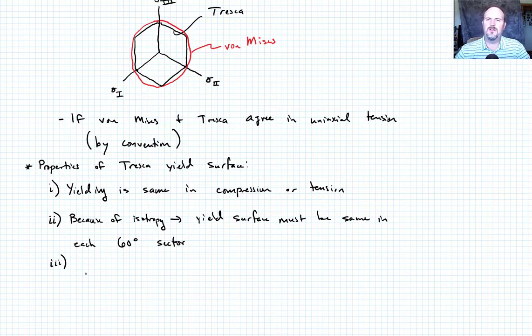Okay? Number 3, this is sort of a larger one. Remember that our stability postulate said we had to have a convex yield surface. So the stability postulates that we talked about before, they implied a convex yield surface.